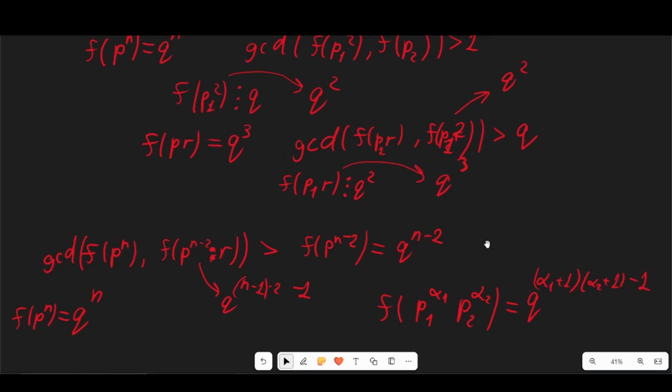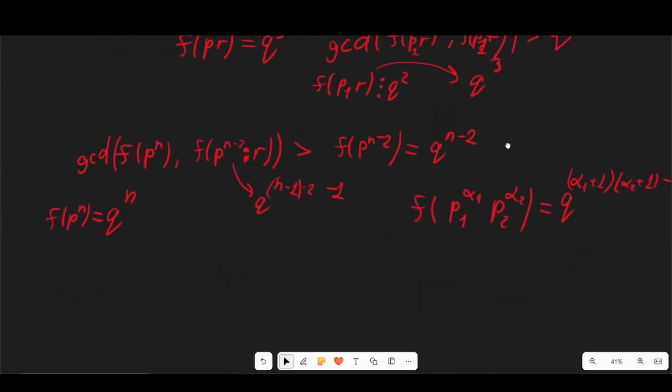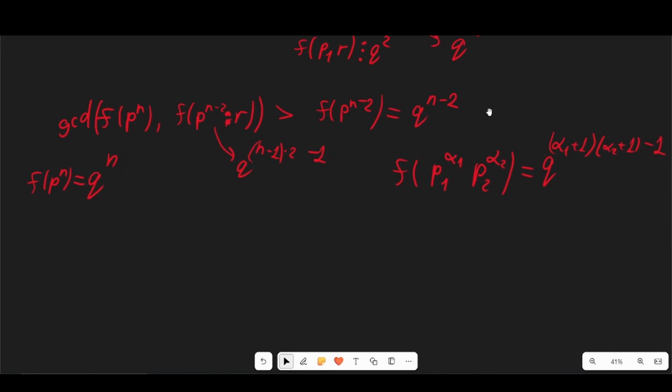Now let's assume that we have proved this for k different prime divisors and then show that for k plus 1 the formula would be the same. So let's take f of p1 to the alpha 1, p2 to the alpha 2, up to pk to the alpha k.